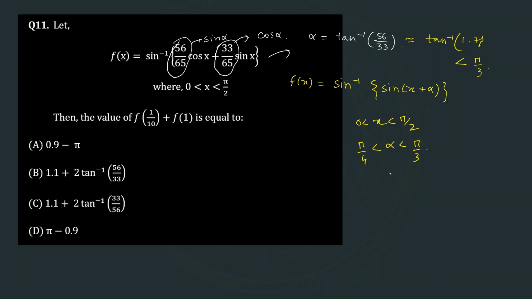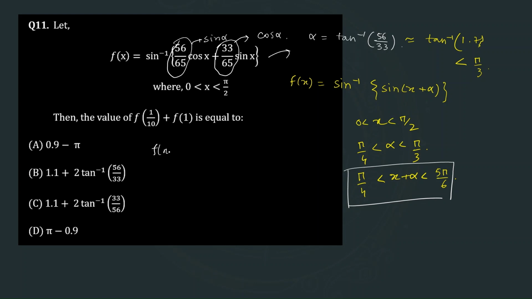So x plus alpha should lie between pi by 4 and this will be 5 pi divided by 6. Now as x plus alpha belongs to this range, we have to break this function f(x) into two intervals, because sine inverse sine theta will be theta when theta lies in the principal domain, and will be pi minus theta when theta lies between pi by 2 to pi.